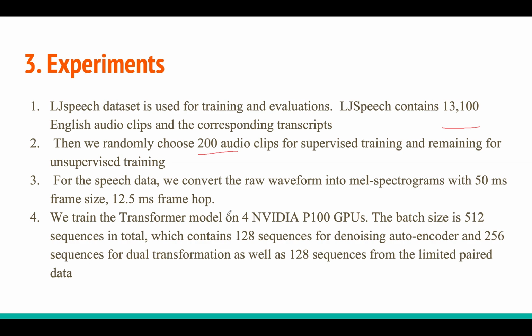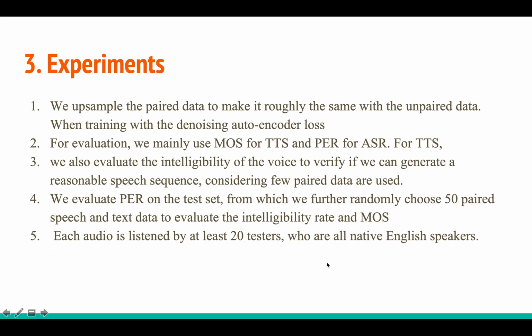For the speech, they use mel-spectrograms with 50 millisecond window and 25 millisecond frame shift, and they use a transformer, as I said, and they train it on 4 NVIDIA P100 GPUs with a batch size of 512 sequences in total, out of which 128 sequences are for denoising autoencoder, 256 are for dual transformations, and 128 for the text speech pair data, which is the supervised data, right?